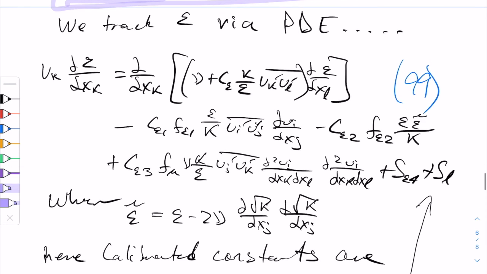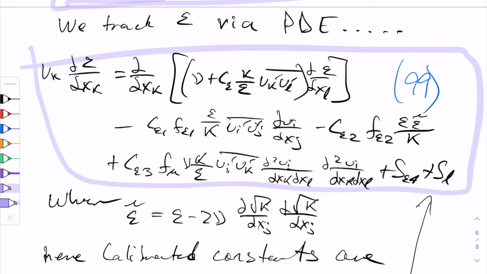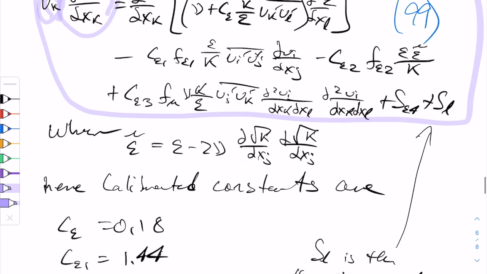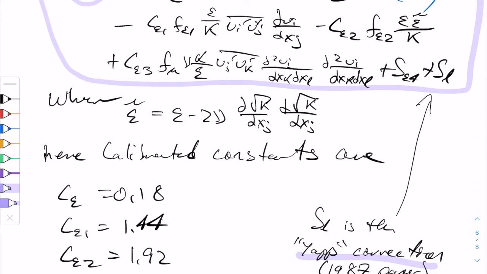Now we need a specific dissipation equation for this closed form so we can track scalar dissipation, and that's what equation 99 is. It's a transport equation for dissipation, and on the left-hand side you see a velocity, u sub k, and we have partial epsilon, partial xk. And all these terms on the right-hand side we've essentially already modeled and looked at before, except for some new coefficients.